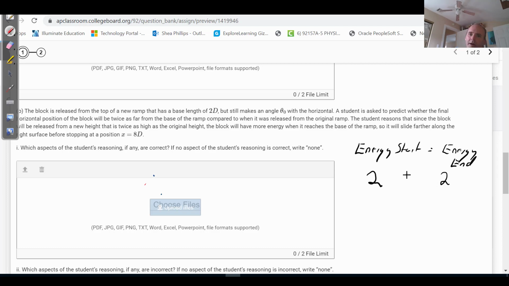So therefore, if my initial work was equal to F times 4D, and I double my work, then I'm going to double my distance, so that will go to 8D. All right.